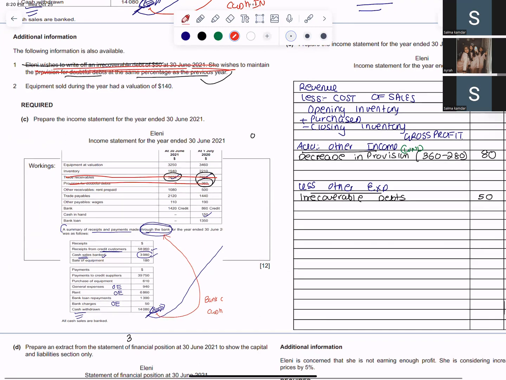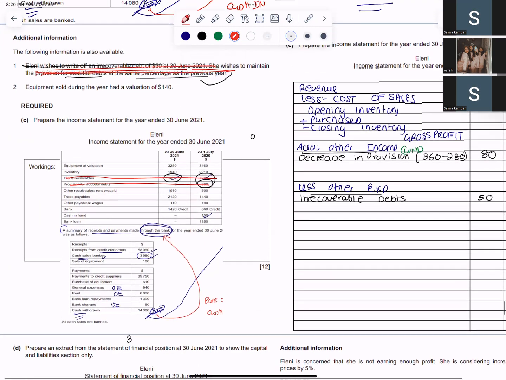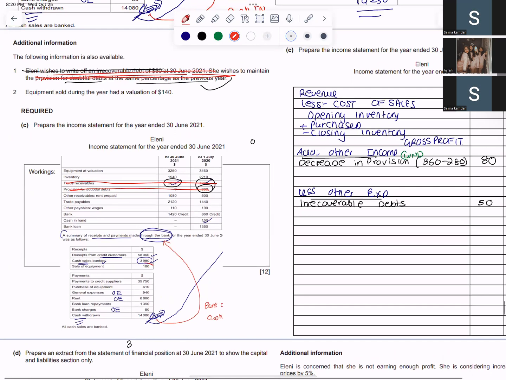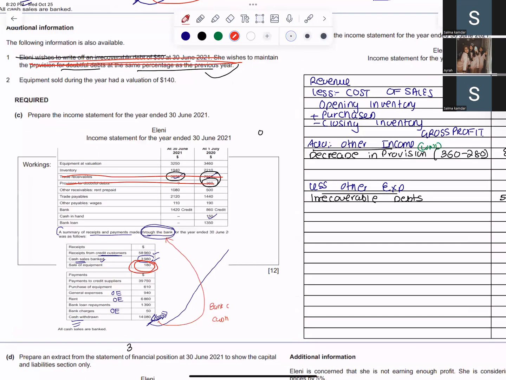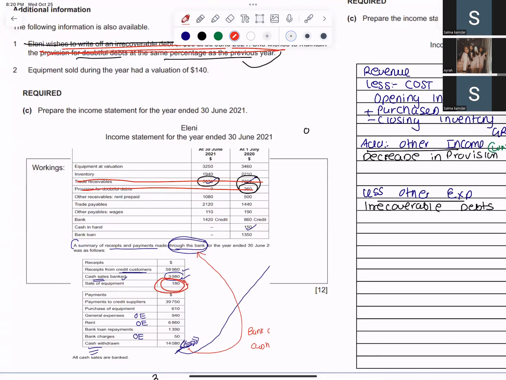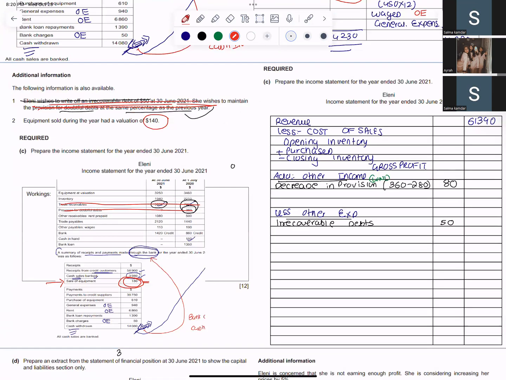How much you sold the equipment for? 180. Sale of equipment 180. And you have sold the equipment for 180. Valuation was how much? 140.